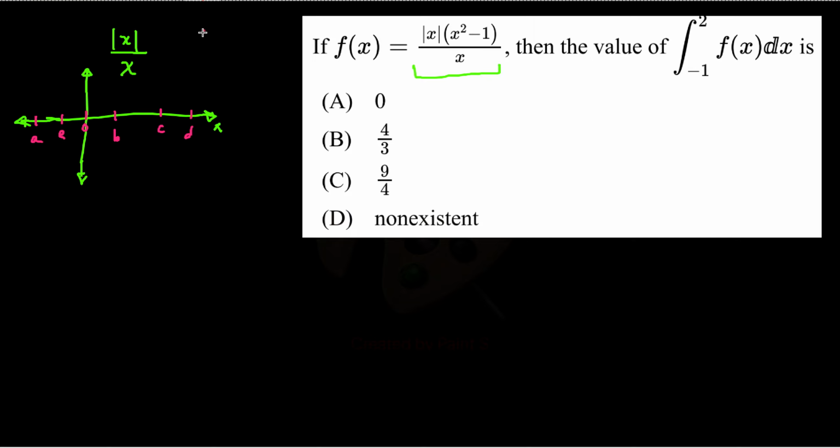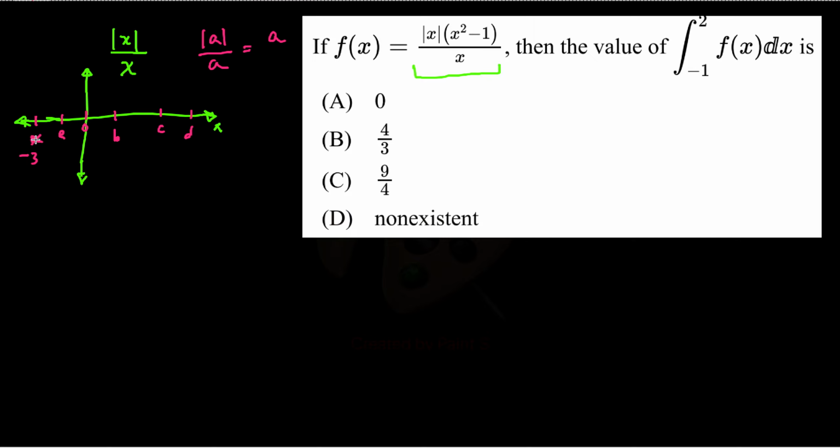So if I wanted to find out what the absolute value of a over a would be, well, in this case, the top part would just be positive a. It would be the negative of this, since a is a negative value here. It could be like -3, right?